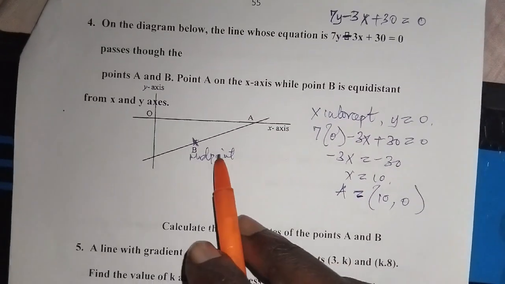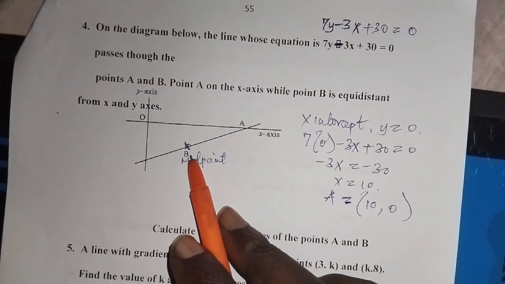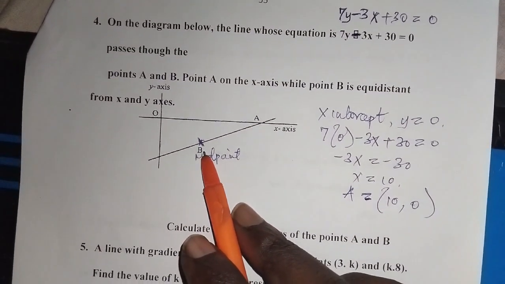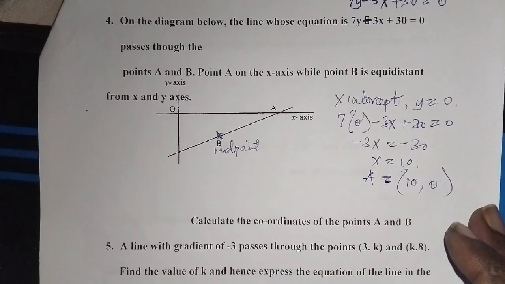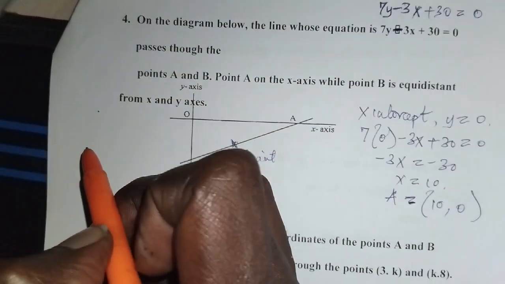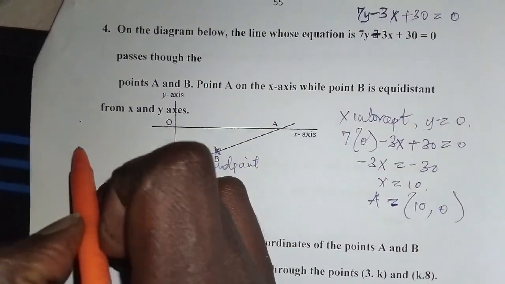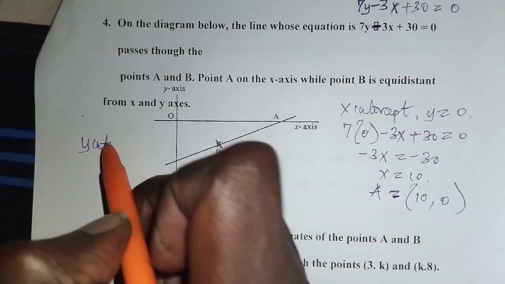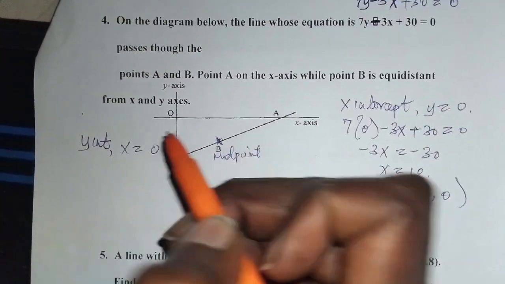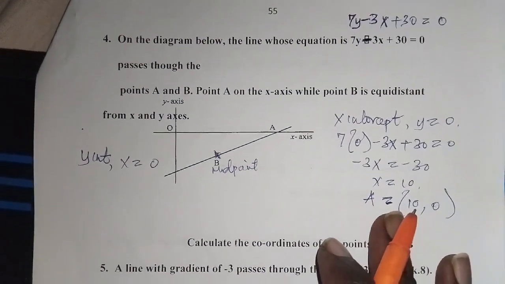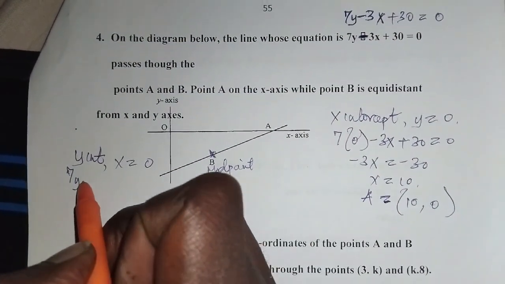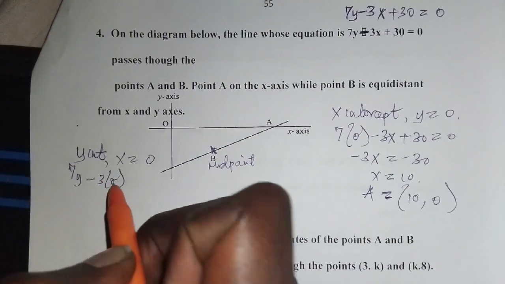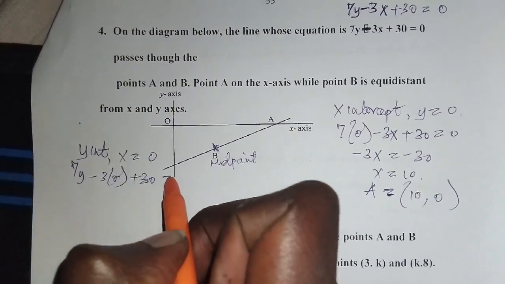To get the midpoint, we need to first of all find the y-intercept. At the y-intercept, x is equal to 0. So again it will be 7y minus 3 times 0 plus 30 equals 0.